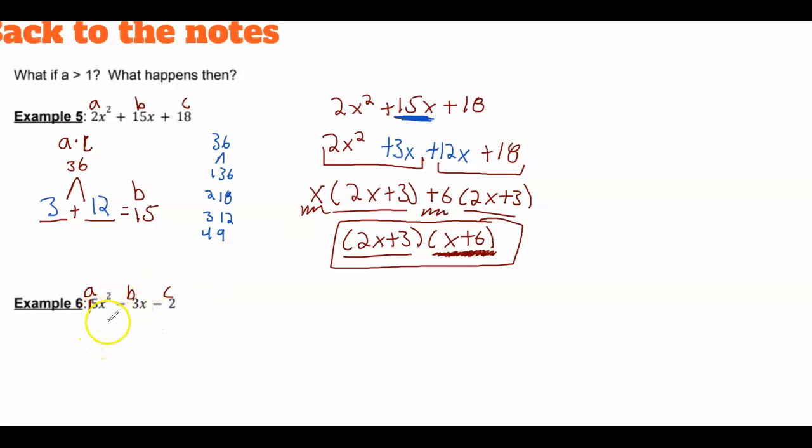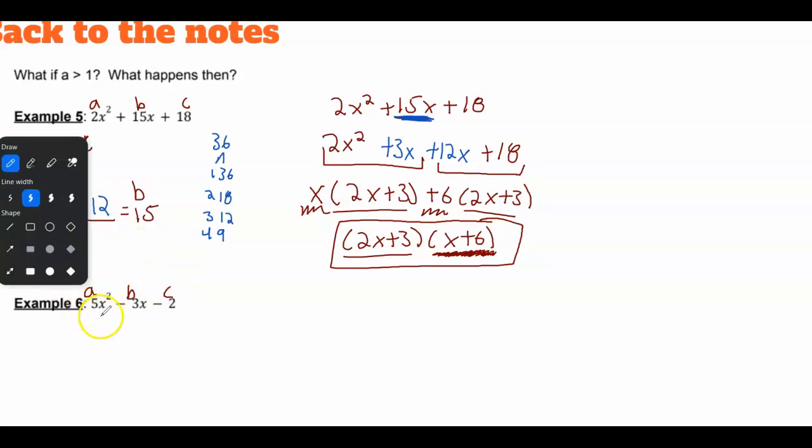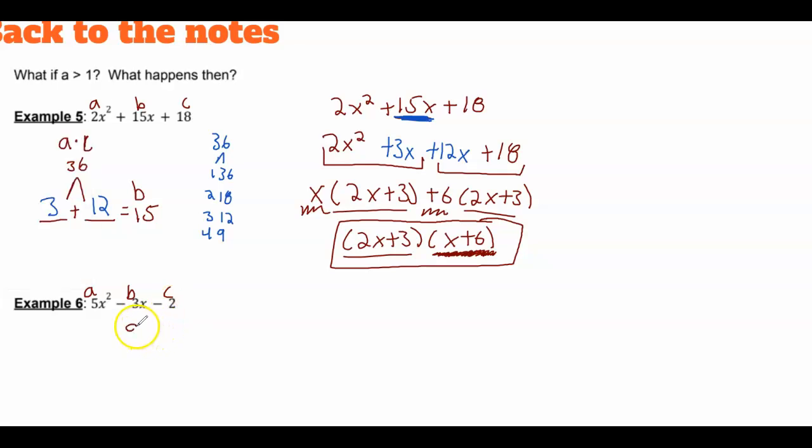So A is not 1, it's 5. So here I have A times C is -10, but adds to my B of -3.